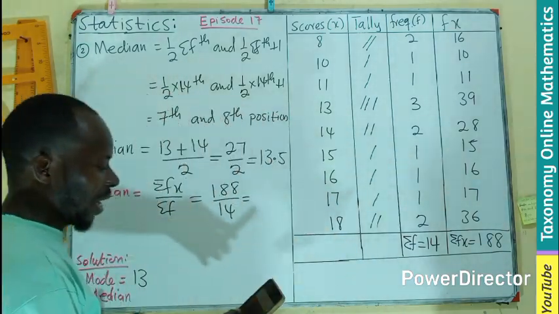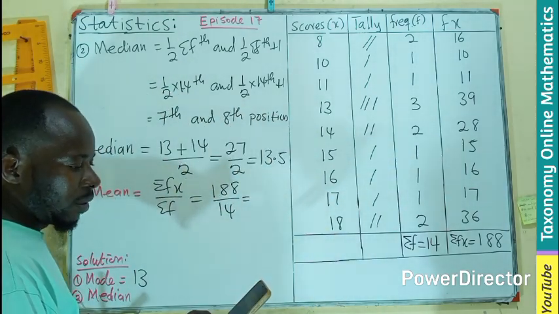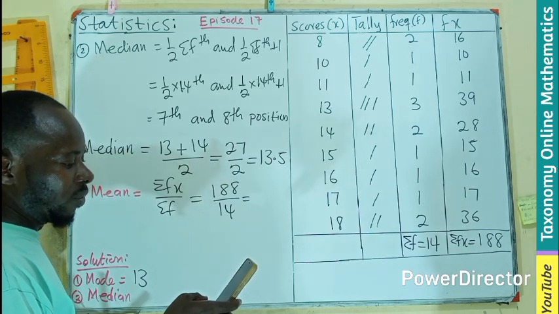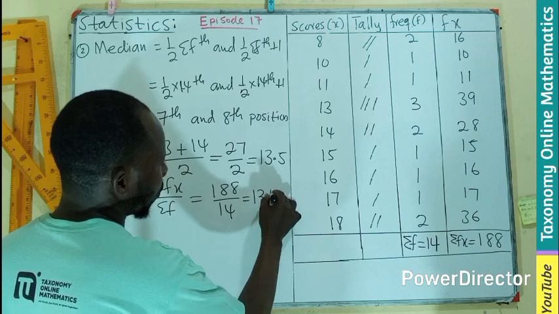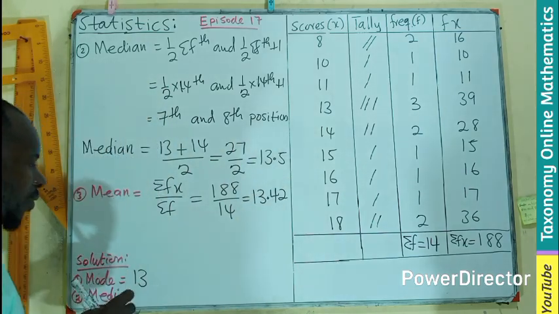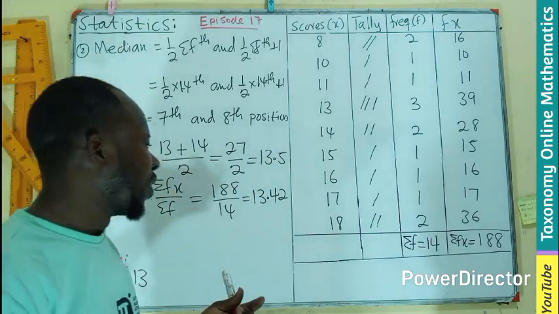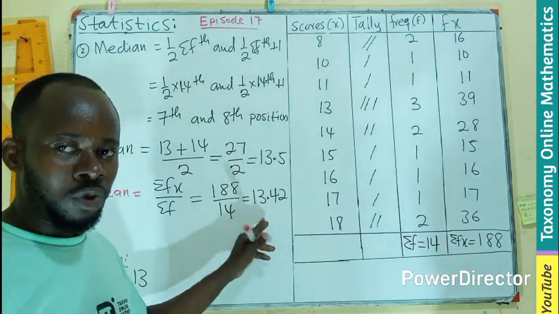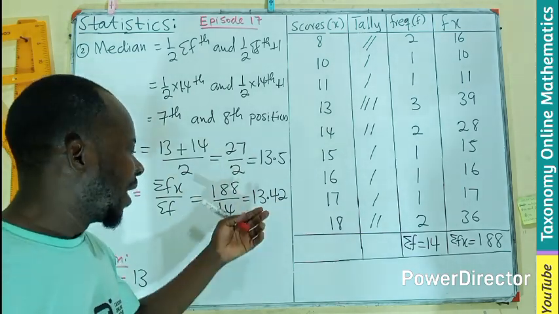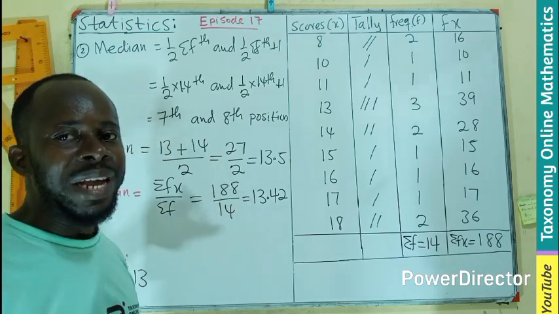Let's divide that on our calculator. That will give you 13.42. Now you can see that 13 is going to be the whole number. This is not up to approximate. So we can say for a whole number, the mean is going to be 13.